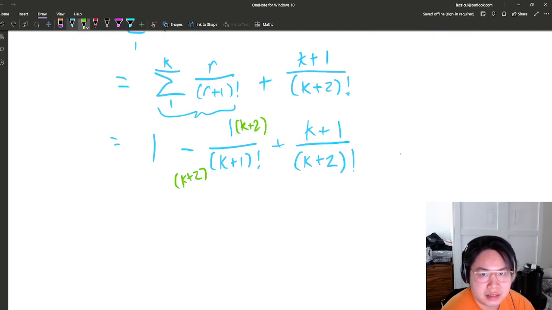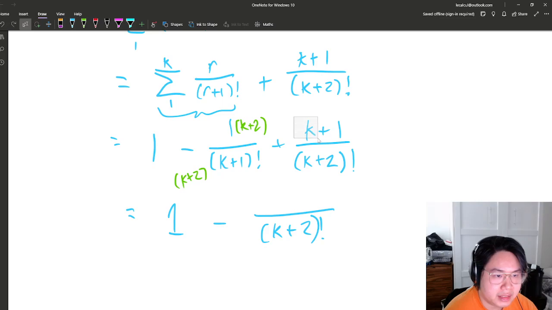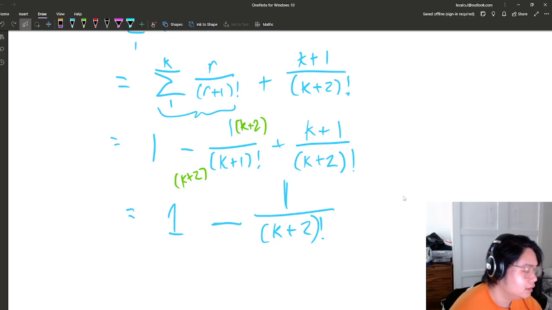And then if you add them together, I think you're done, right? So this is k plus 2 as a common denominator. And then you have k minus k, so those cancel. And then you have 1 minus 2, which is negative 1, right? Yeah, negative 1. And then you're done.